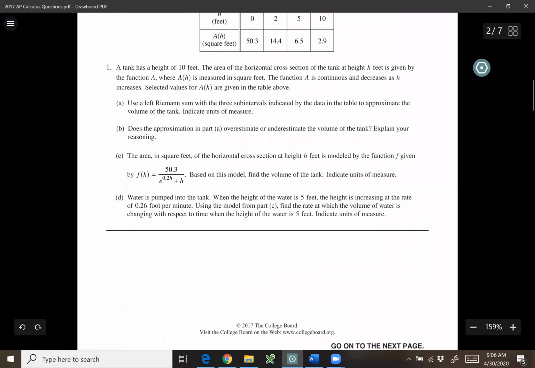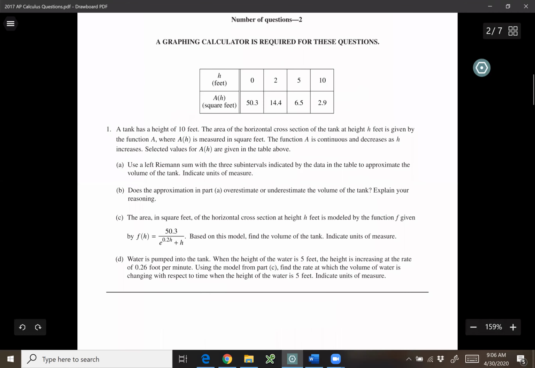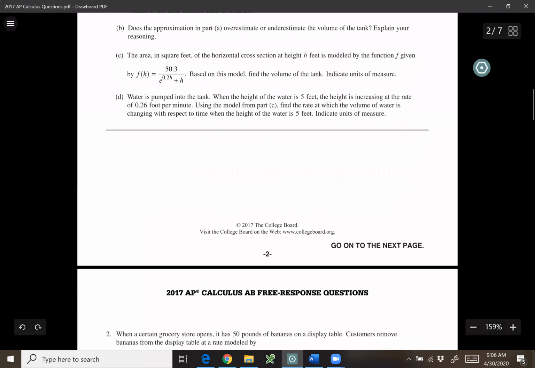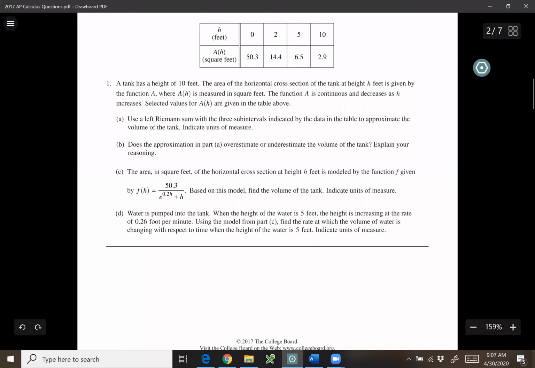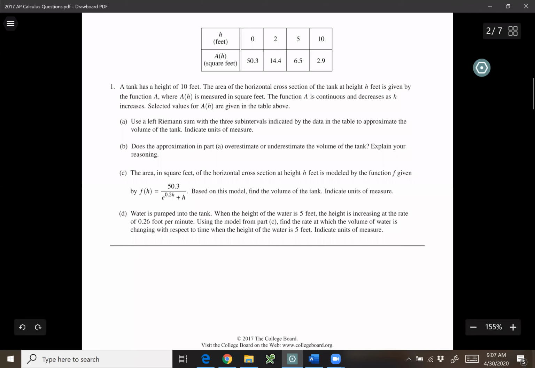Looking at it, number one is we have a table with a tank, and it gives these values. It does have water being pumped into a tank. Using this model, find the rate at which the volume of the water is changing with respect to time.